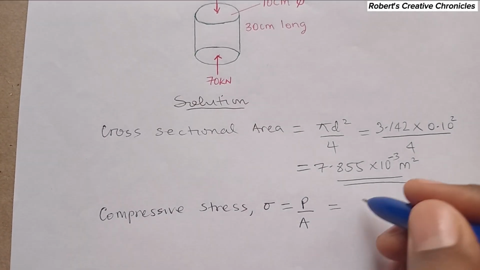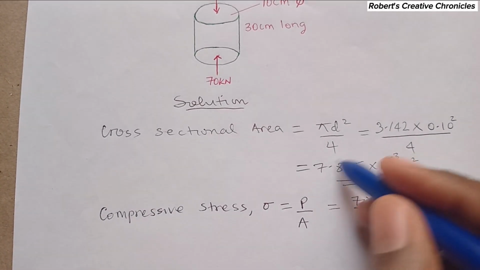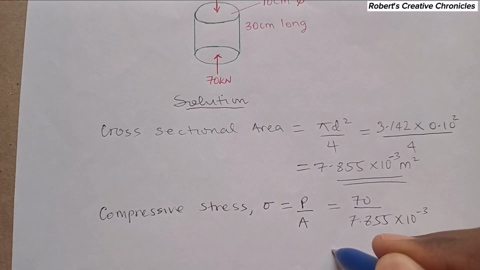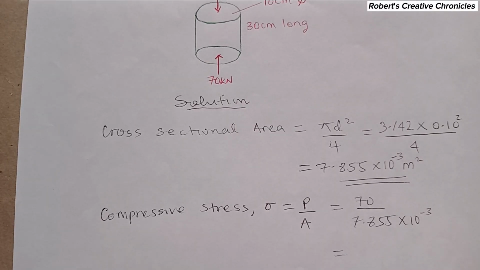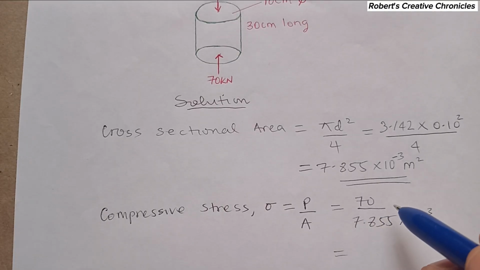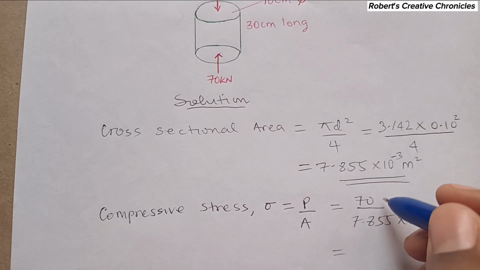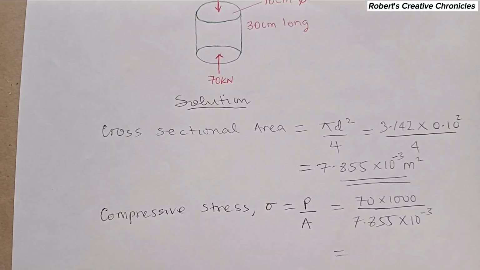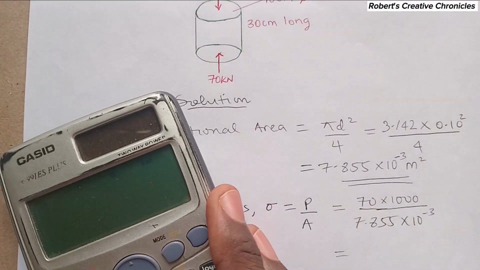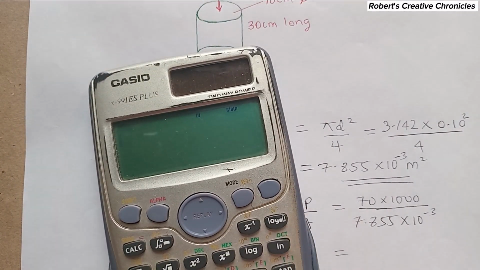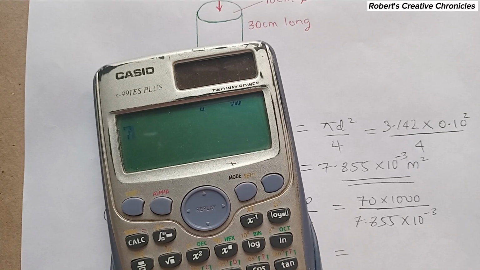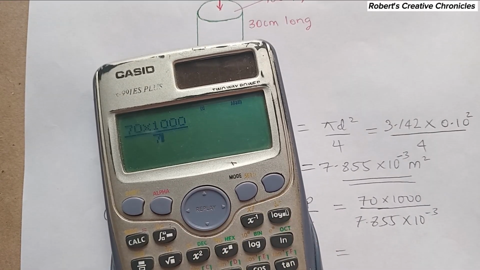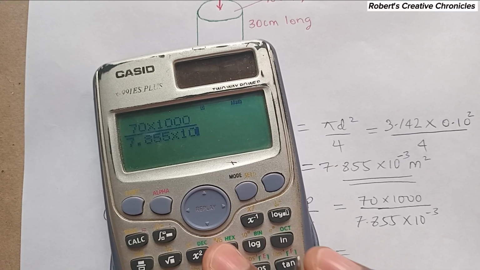It is 70 kilonewton over the area, 7.855 times 10 raised to the power minus 3. And since it's 70 kilonewton, we can write it as 70 times 1000, over 7.855 times 10 raised to the power minus 3.